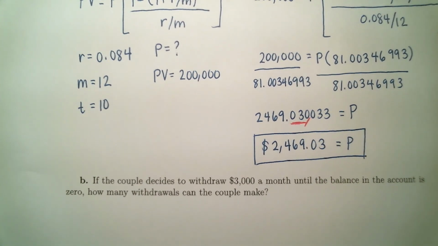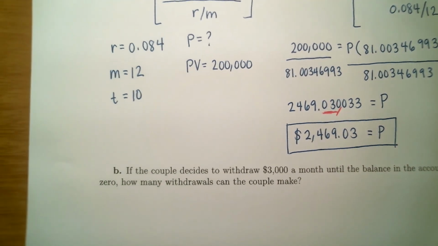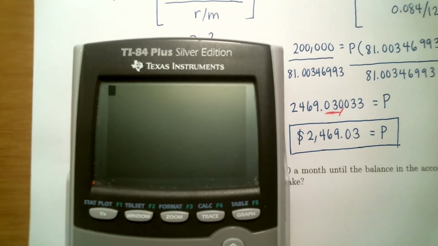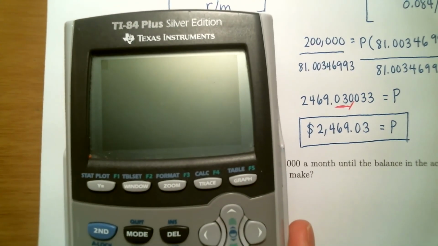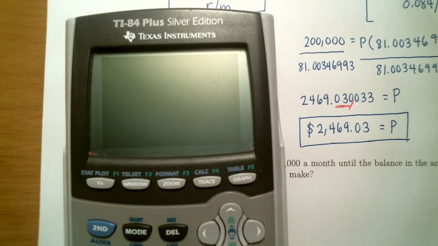One thing to notice, it's not part of the problem, but I just want to mention it to you. Remember we said when we first started working this problem, there's going to be a total of 120 payments, or withdrawals, that they can make, 12 times a year for 10 years.